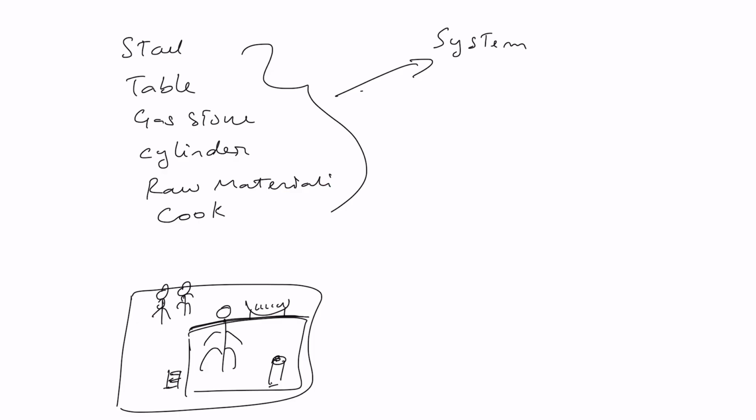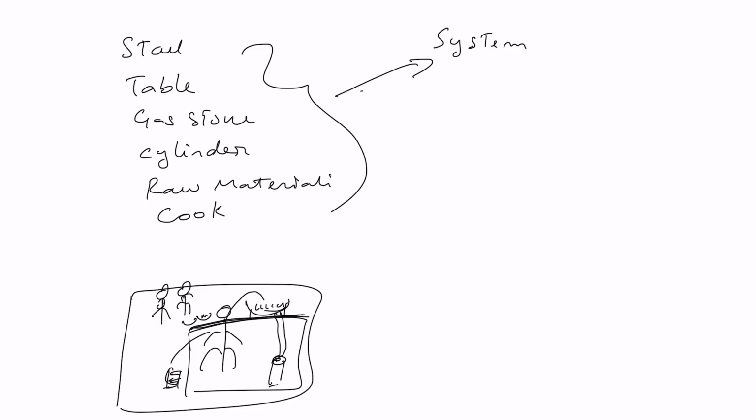Okay, so now when we are actually setting up this system, where we are placing this cylinder over here, connecting the cylinder cable, setting up the table, setting up the gas stove, then having the ingredients over here from where this guy is picking it up and putting it on the stove and cooking it, and then serving it to the customers on a plate or paper plate.